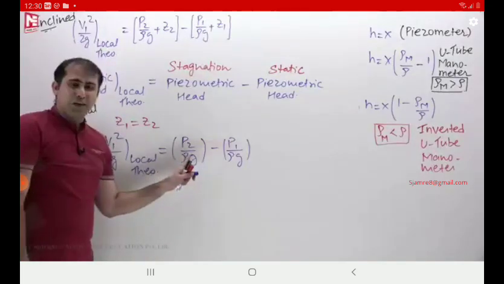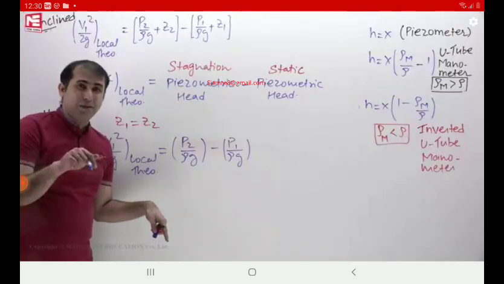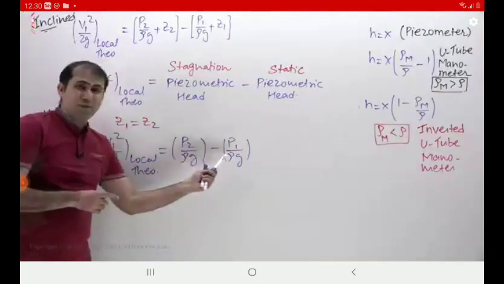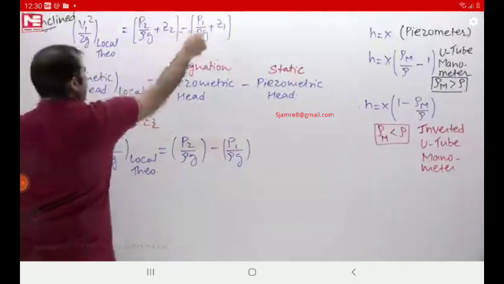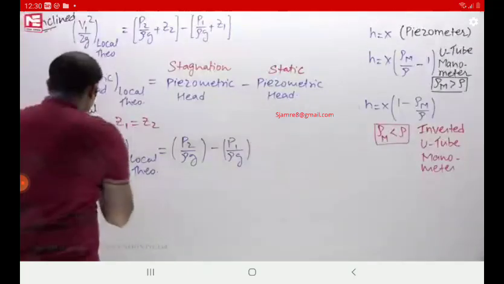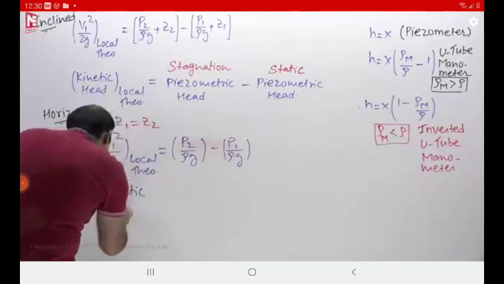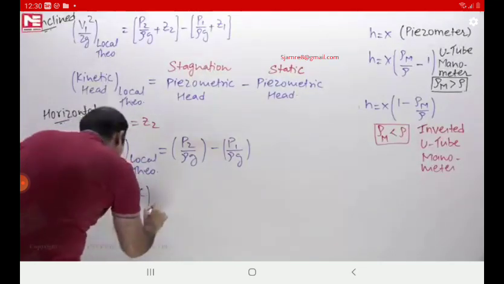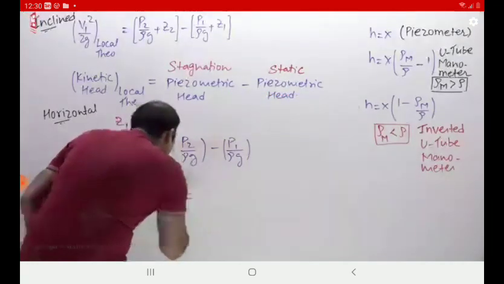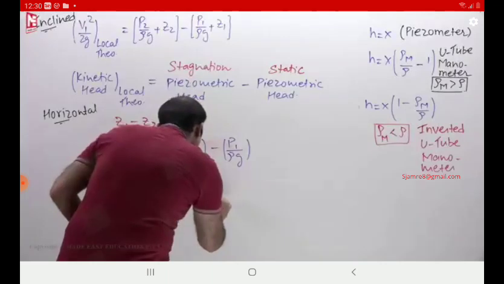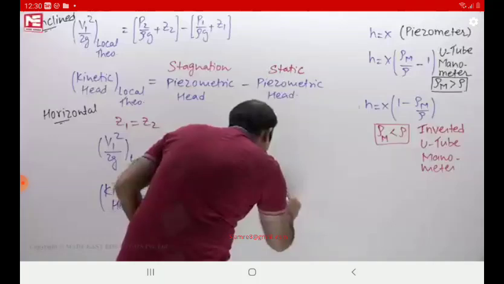So P2 अगर आप देख रहे हो तो स्टैग्नेशन पॉइंट है, तो स्टैग्नेशन पॉइंट पे आपको लेना पड़ेगा प्रेशर हेड, और ये सिंपली स्टैटिक प्रेशर हेड है, क्योंकि ये चीज कैंसिल्स आउट हो जाएगी. So for your kind information here, that is kinetic head, local, theoretical, pressure head minus pressure head.